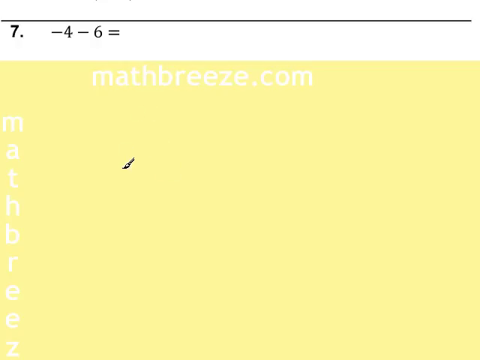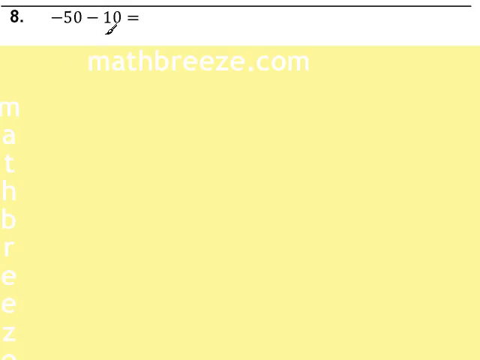Here we have a subtraction problem. This is negative 4 subtract 6, so we're going to imagine that it looks like this. Negative 4, negative 6 spread apart, and just picture a faint plus sign in between. So we're going to add a negative and a negative. All right, so add in the usual way, and that would be a negative 10.